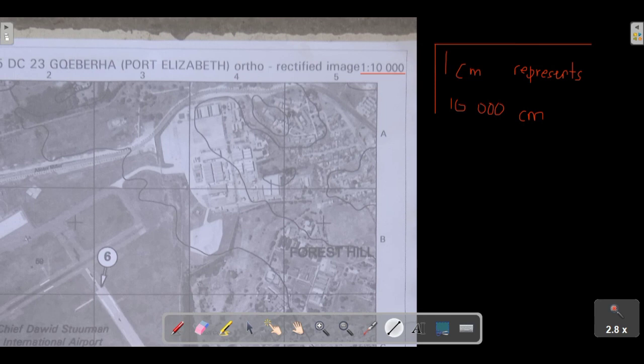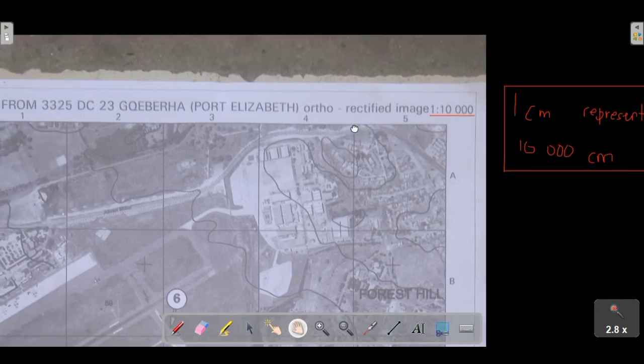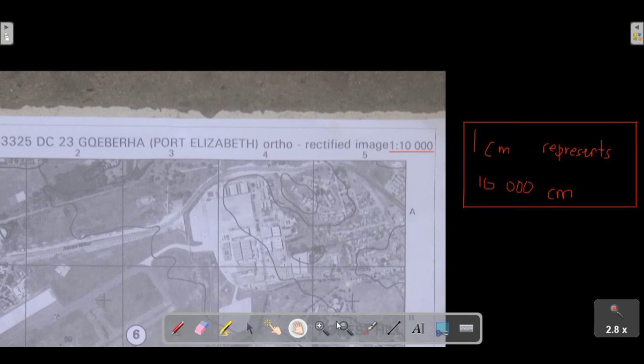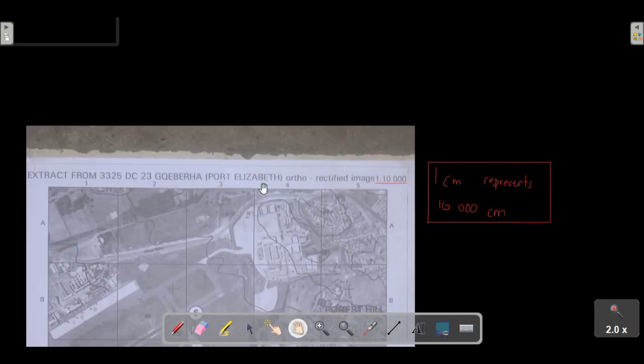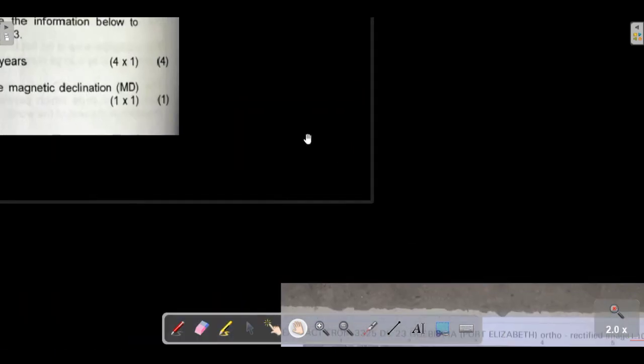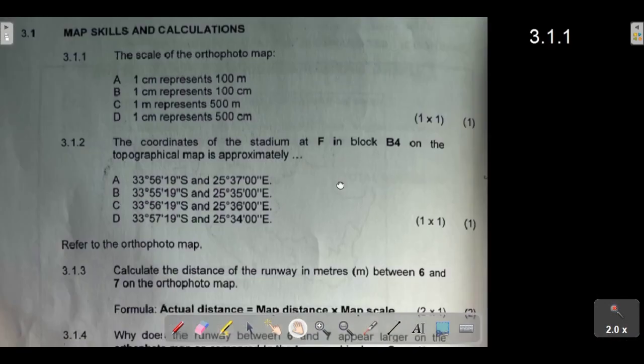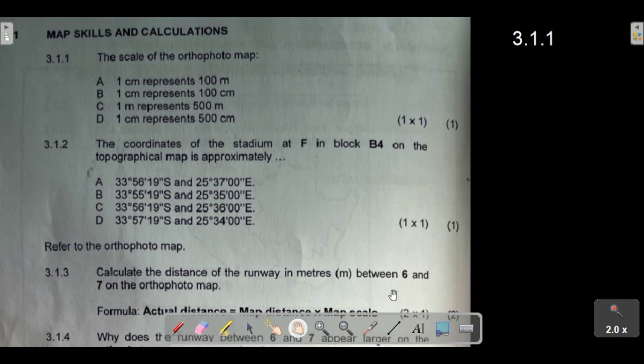1 centimeter represents 10,000 centimeters. Now, which options correspond with this? Which option corresponds with 1 centimeter represents 10,000 centimeters?